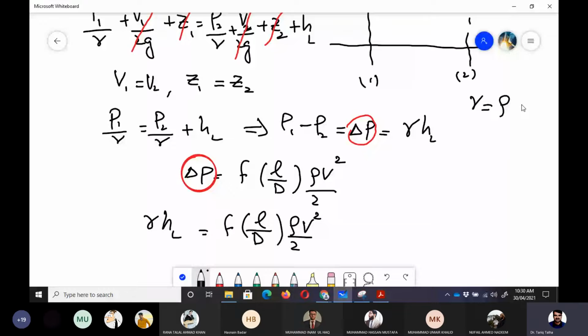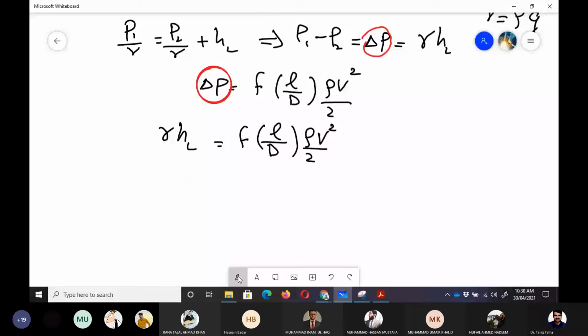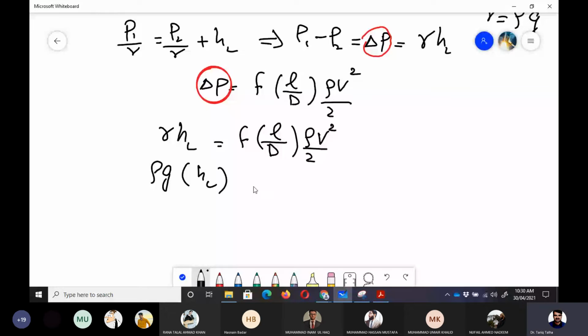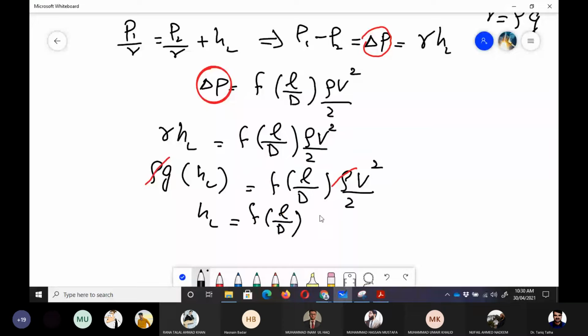If we put that value here, rho into G into HL is equal to FL upon D, rho V square upon 2. From here, rho would be cancelled out, and HL would be equal to F L upon D, V square upon 2G.